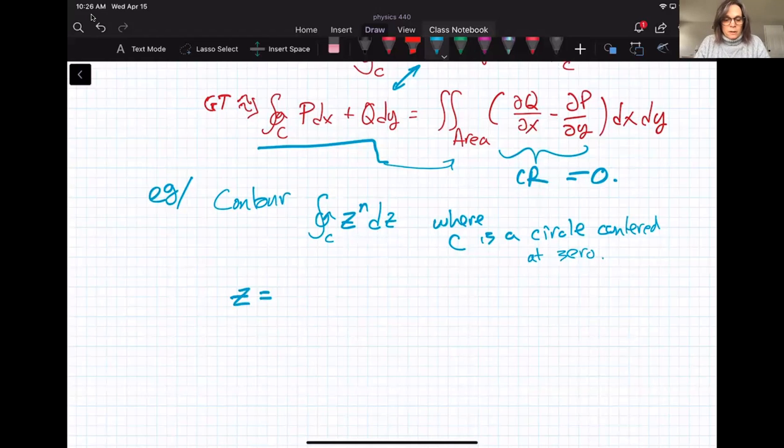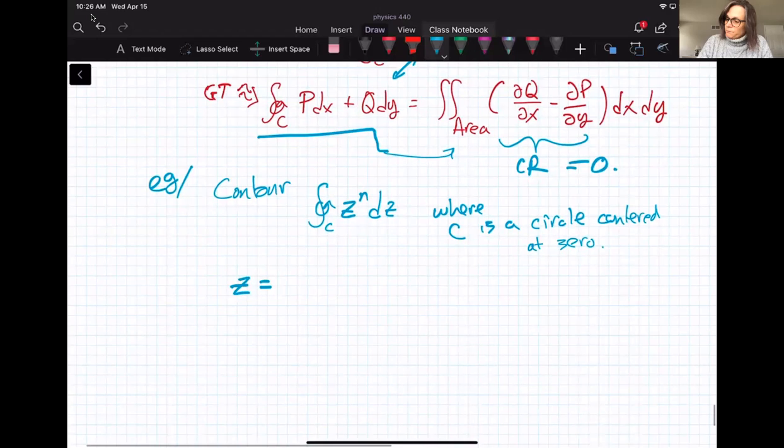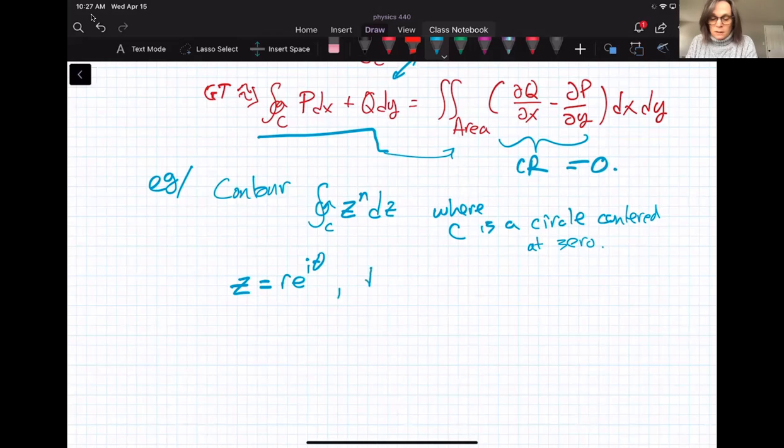What can we write as z in polar coordinates? What did we do before? r e to the i theta. So we can write z as r e to the i theta, which means that dz is equal to i r e to the i theta d theta.